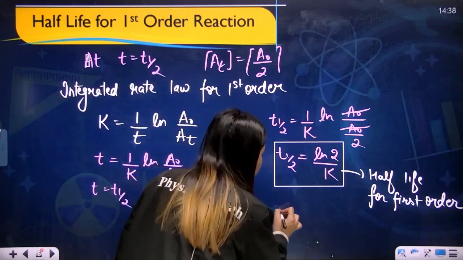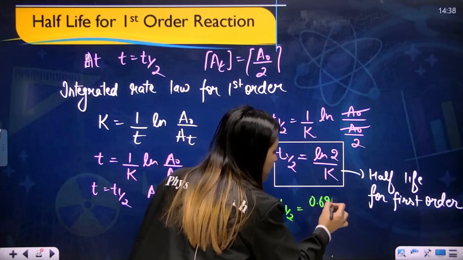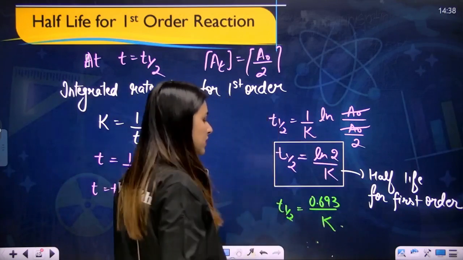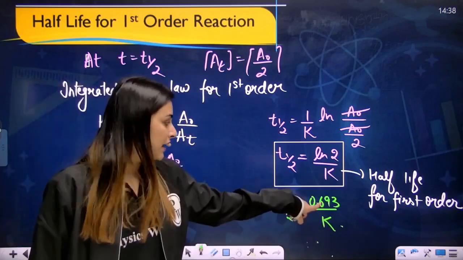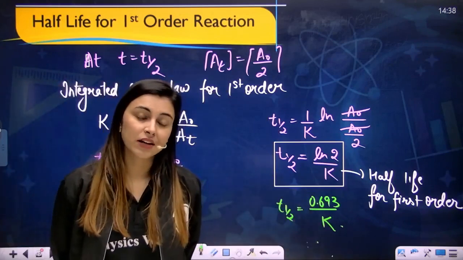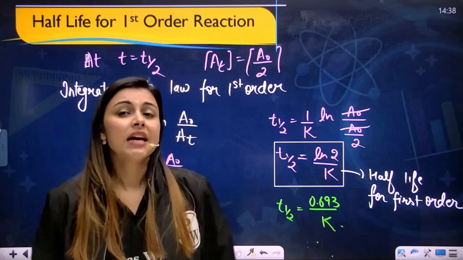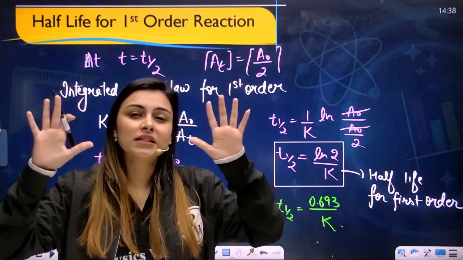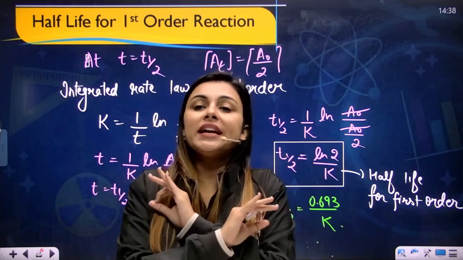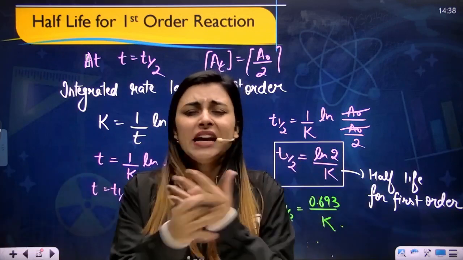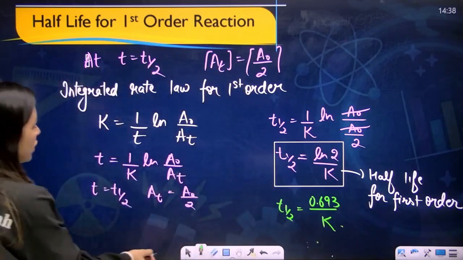You can also say that t half is equal to ln 2, which is 0.693, divided by k. So my dear students, your rate constant k is a constant and 0.693 is also a constant value. So can I say that the half-life of the first order reaction does not depend on the concentration of the reactant? It is a constant value. It will never change, be it any concentration of reactant. So this is the most important thing to note, my dear students.